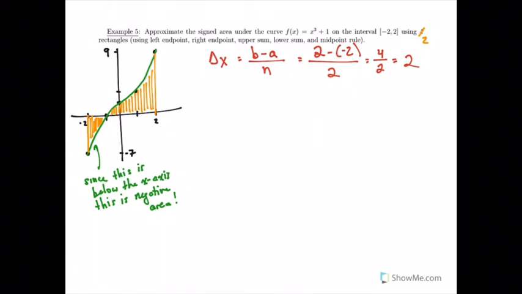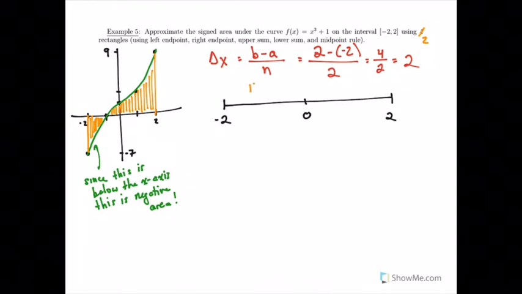So when we are doing this, all we really need to consider is the interval itself, -2 to 2. And if I am going to divide that up into 2 different subintervals, I can just think about the interval from -2 to 0 and the interval from 0 to 2.